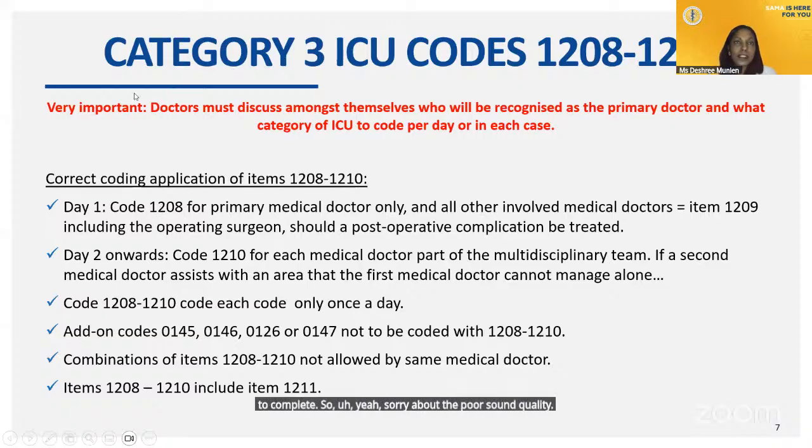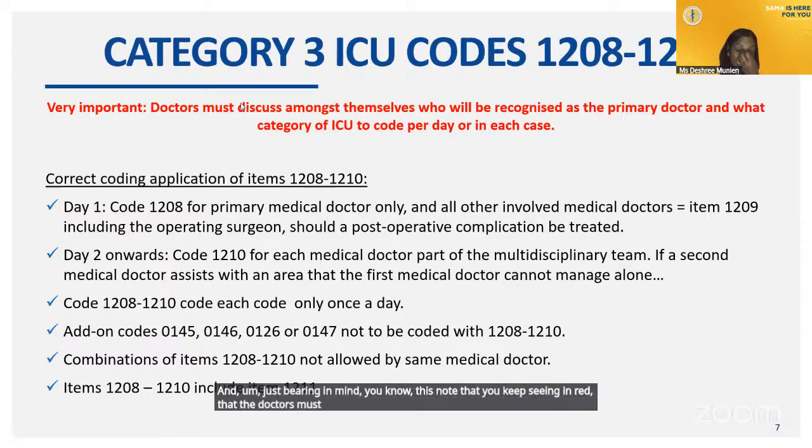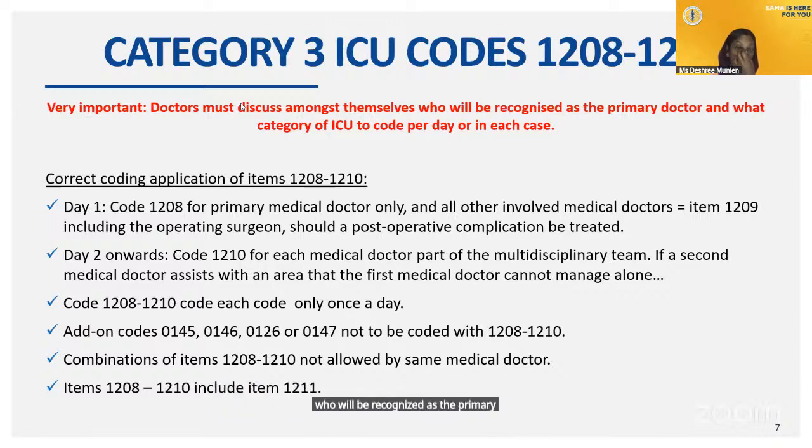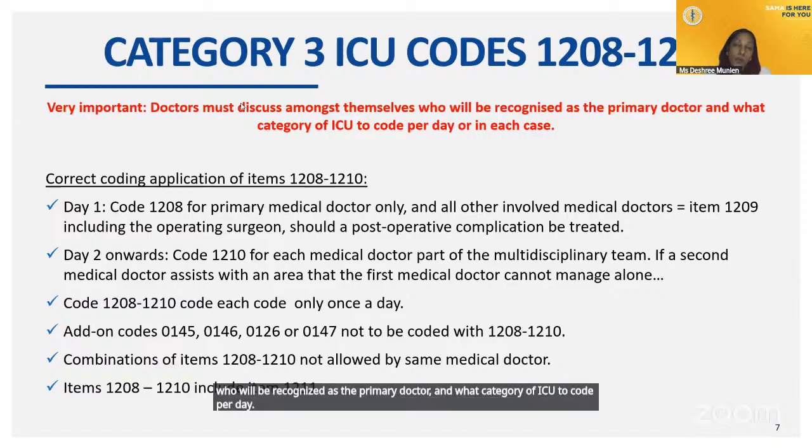All right, then we are still on category 3 ICU codes, code 1208 to 1210. Bearing in mind this note that you keep seeing in red, that the doctors must discuss among themselves who will be recognized as the primary doctor and what category of ICU to code per day, or in each case.